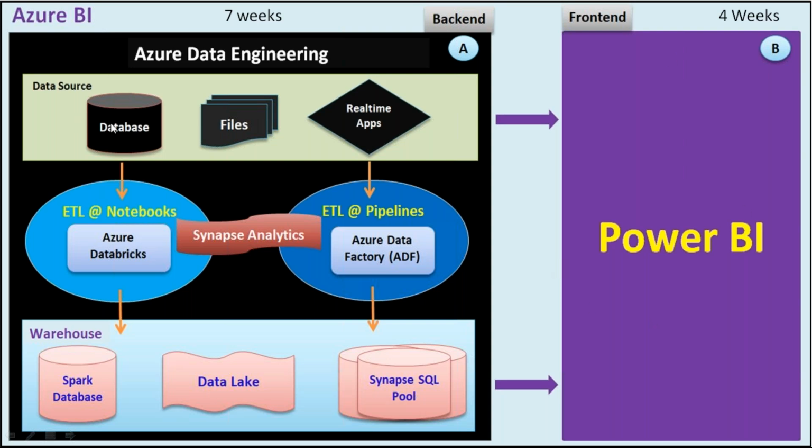We need to work with various kinds of data sources: database sources, files, and applications. A few applications we will install on our local computer, a few others from the browser.